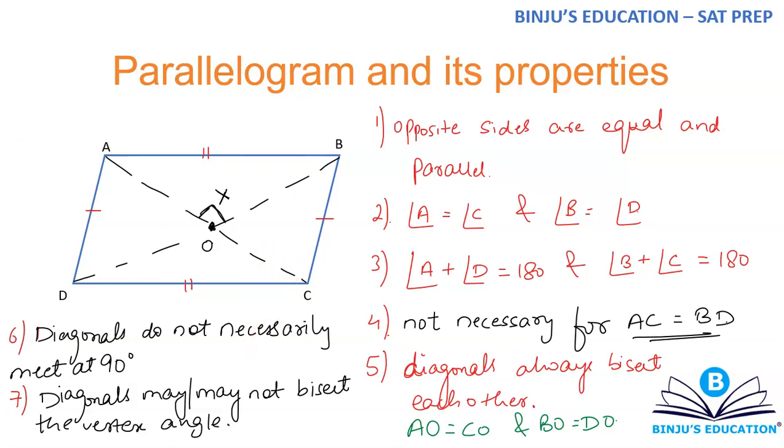So this angle is not necessarily equal to this angle. Let's call this theta 1. Let's call this theta 2. So it's not necessary that theta 1 will be equal to theta 2.